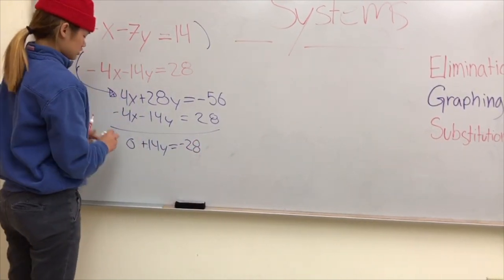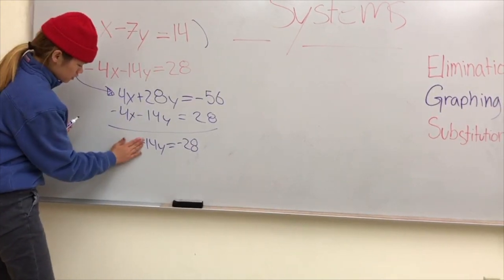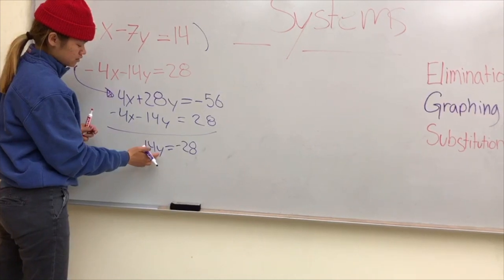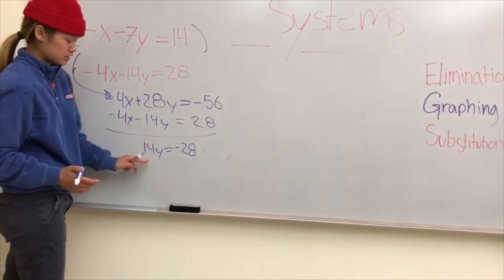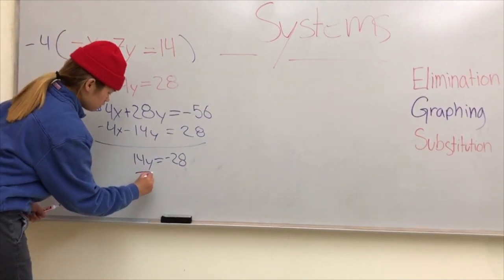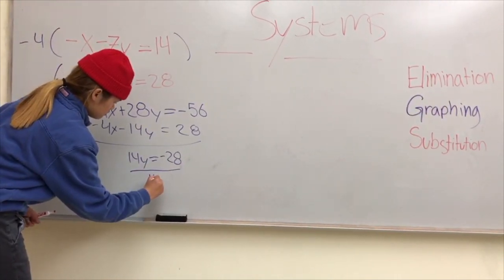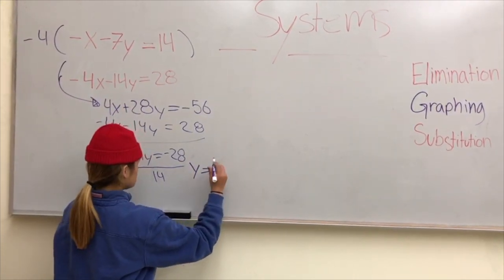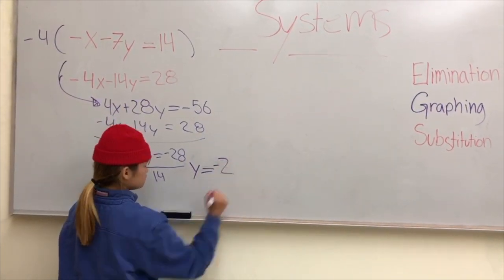And now, since there's no more x variable, we can divide to get the y value by itself and solve for y. So, to get the y by itself, divide by 14, and we are given y equals -2.